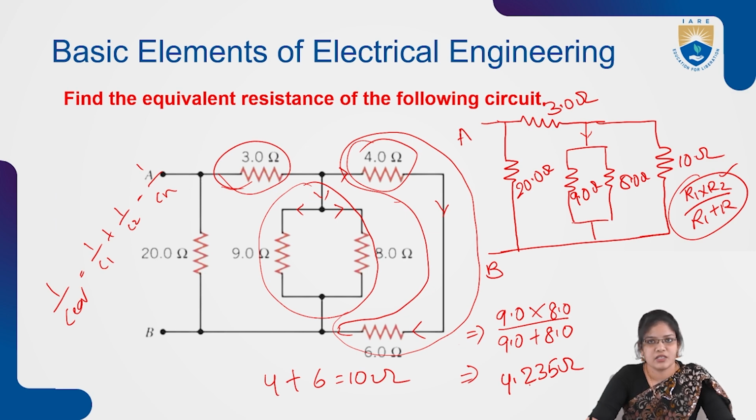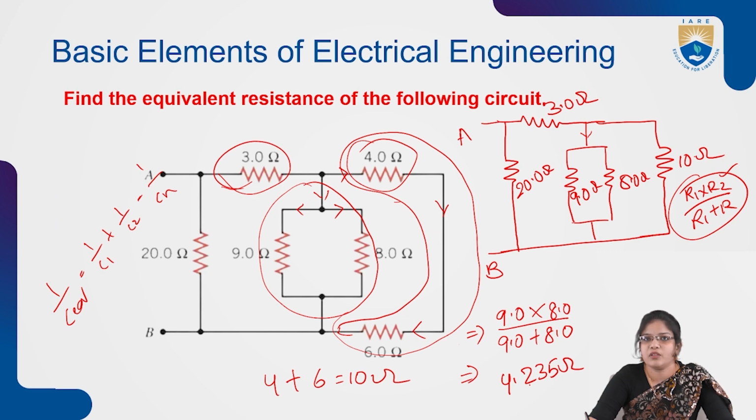If they are connected in series, we sum all the resistances and inductances. If they are connected in parallel, for two resistors or two inductors we use the formula R1 into R2 by R1 plus R2 or L1 into L2 by L1 plus L2. So it will be different and opposite for capacitances.